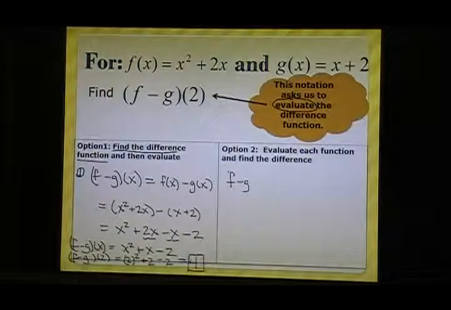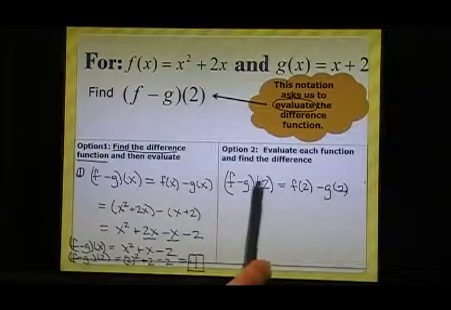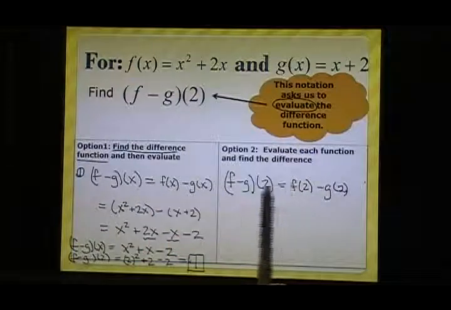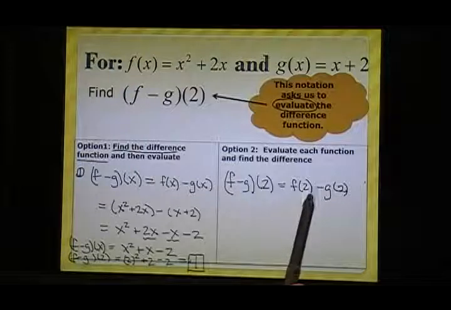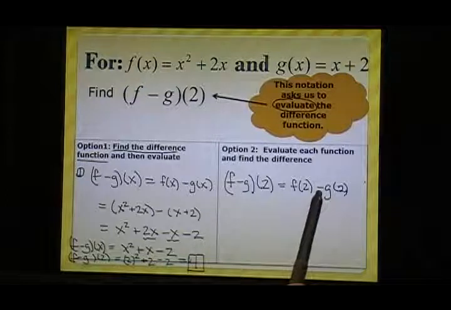f minus g of 2 is the same as f of 2 minus g of 2, using that rule on the first slide, just replacing those x's with 2's. So I can evaluate this by finding the value of f of 2, finding the value of g of 2, and then doing that subtraction.